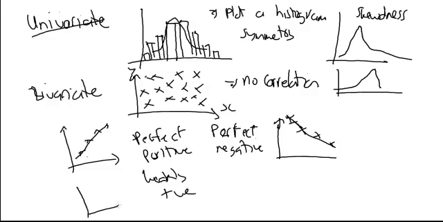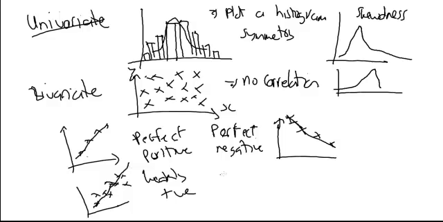Where you'd end up with data which is kind of lined up, but there's noise around the line. So you can imagine drawing a line through that which seems to fit the pattern, but not all the dots fall on that line.